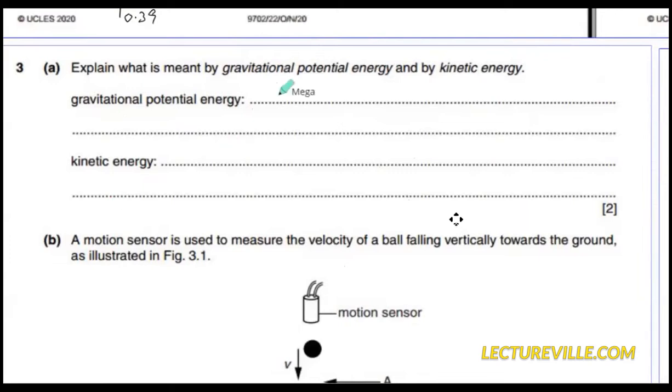Gravitational potential energy is the energy of an object due to a specific position in a gravitational field.